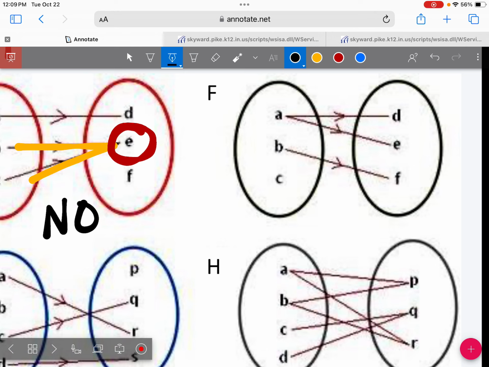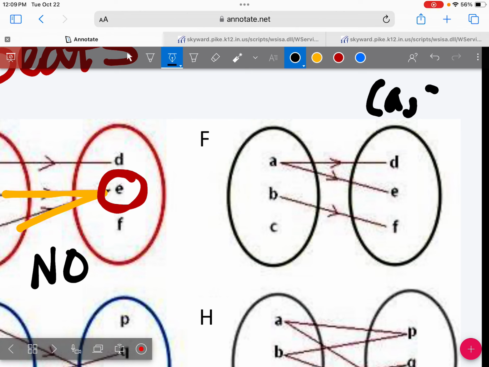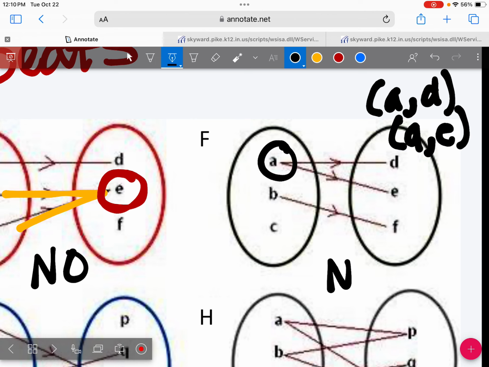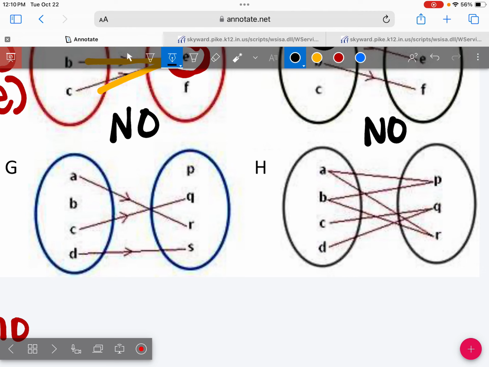All right, what about F? What would you say, yes or no? No. All right, which one repeats? A. So you have the point AD and you have the point AE. So this is a repeat, so that would be a no. Go ahead and look at G and H. All right, yes or no?